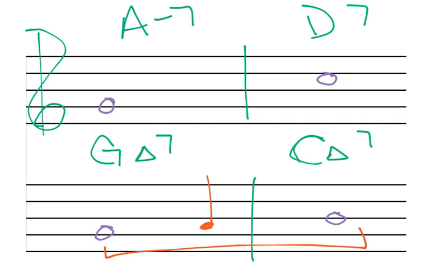So this, for our purposes right here, is our passing tone. You see this A is not part of G major 7, right? But it is diatonic to the G major scale.